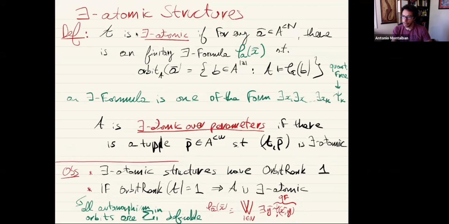That's what I'm saying, whichever of the disjuncts is true about any element in the orbit. So that means that every orbit is existentially definable. So that's why you get that the structure is existentially atomic.